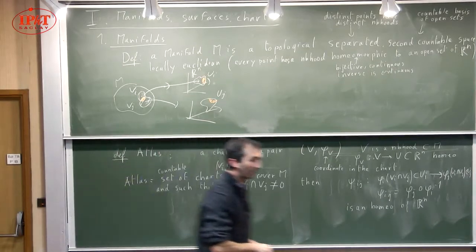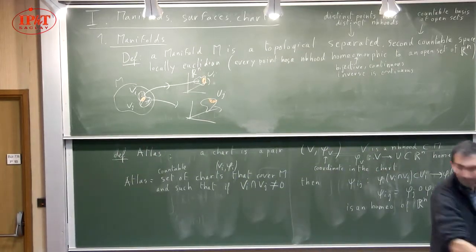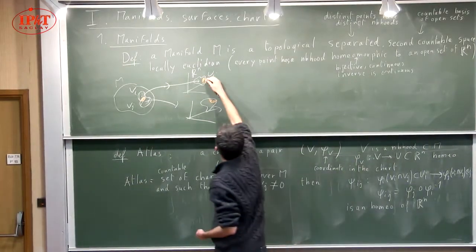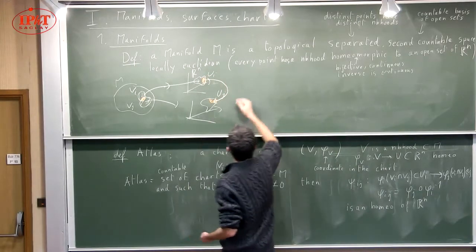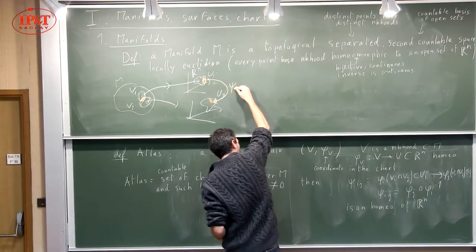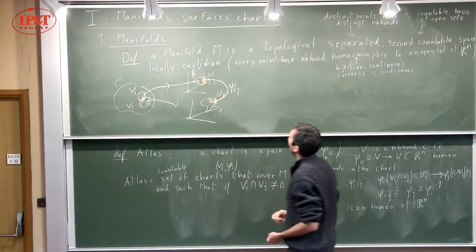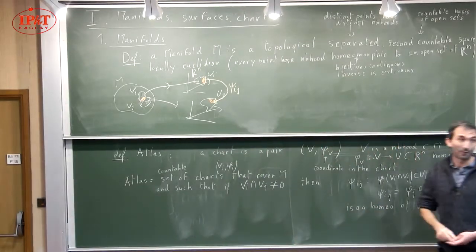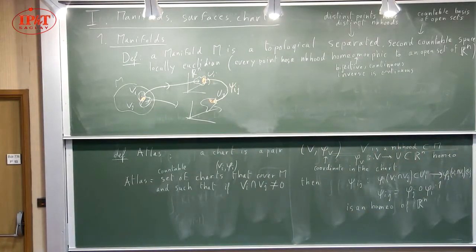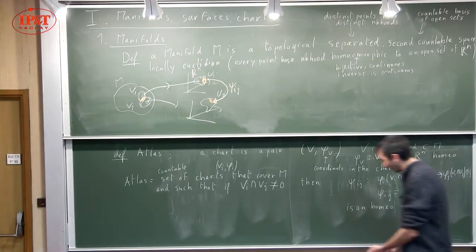And the map psi_ij is the map that goes from there to there. And you want it to be a homeomorphism. But if phi_i and phi_j are homeomorphisms, then psi_ij is also, isn't it? Yes, but now you want to say that it's a homeomorphism of Euclidean spaces, and you will require something more.